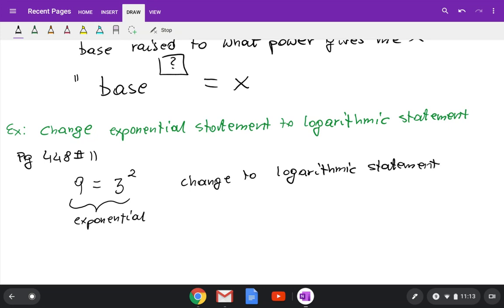So just remember that logarithmic statements and exponential statements are inverses. What's going to help you?